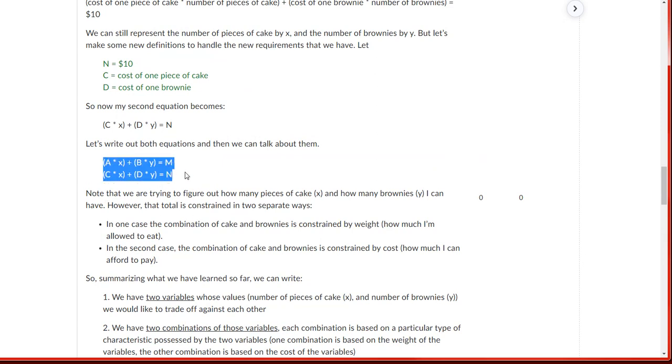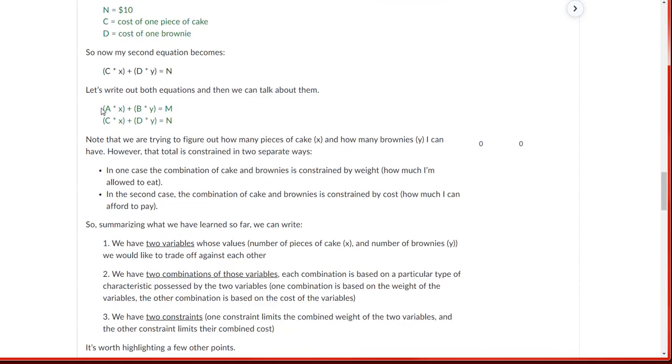But I also want to go back to saying why we call these simultaneous equations. You see, we're trying to find out the count of these things subject to two simultaneous constraints. It's not just, say, okay, I can trade off how many pounds or ounces of cake I can get versus the number of brownies I can get, because I can always make that trade-off. It's pretty easy, right? My total constraint is this.